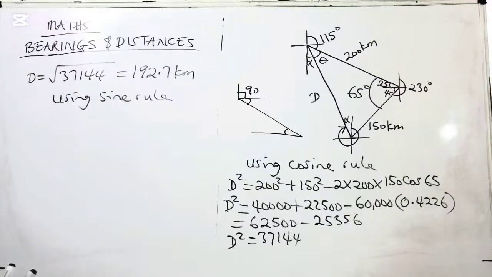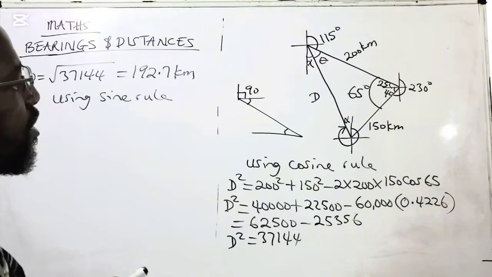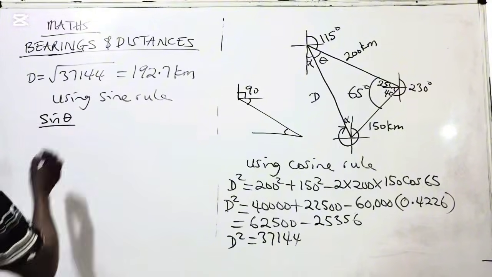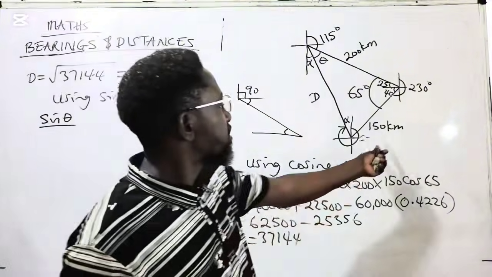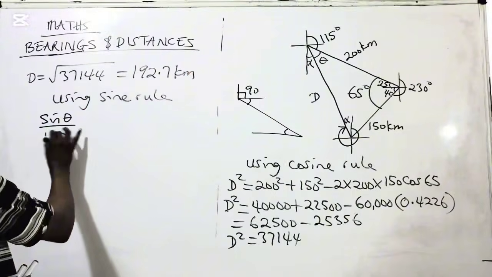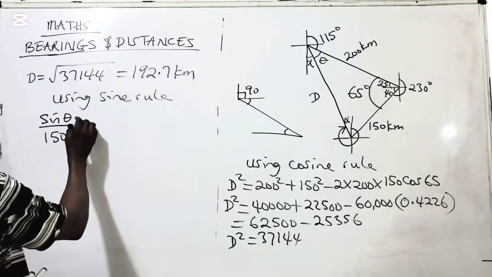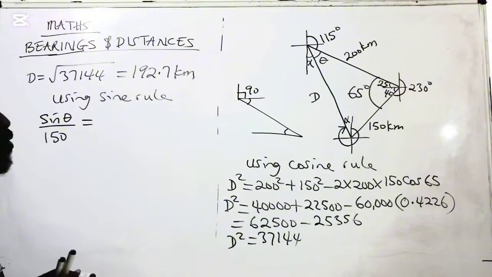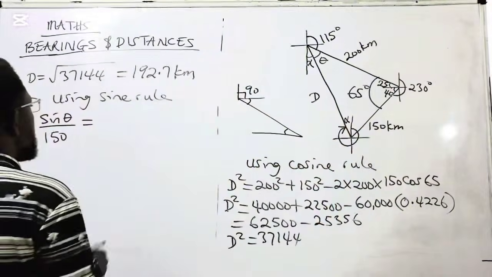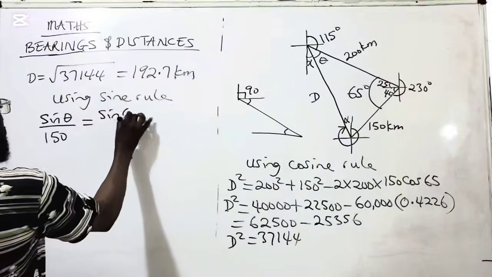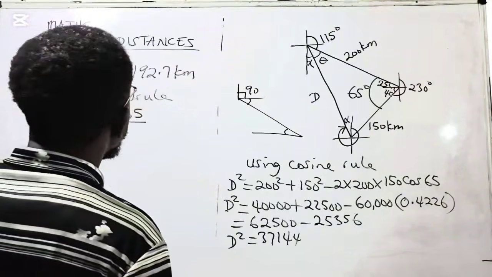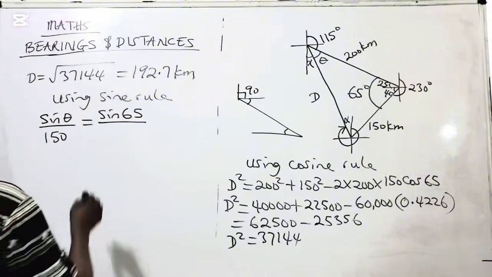Sine theta over the side facing theta, that's 150, equals sine 65 over d, which is 192.7.